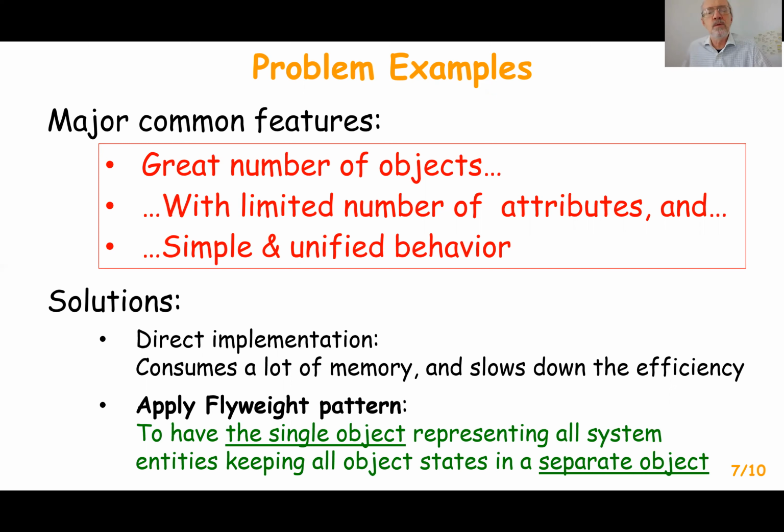What does flyweight give us? It gives the possibility to create a single object representing all system entities, keeping all object states in a separate object. Conceptually, this is a very obvious approach, but formally this is defined as a specific pattern.